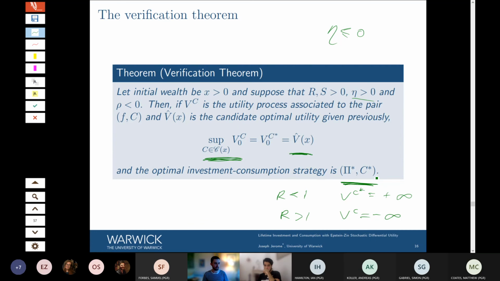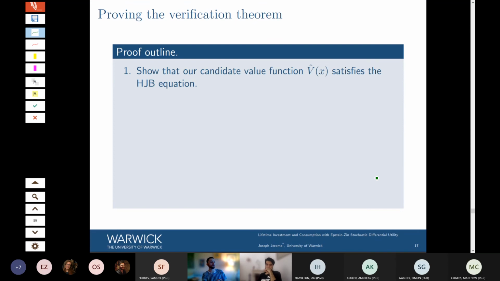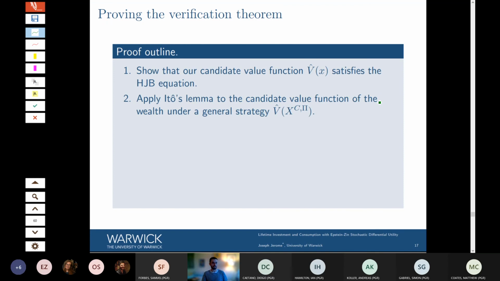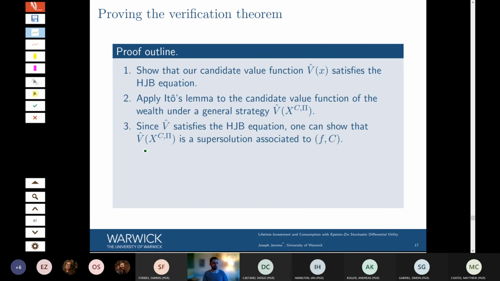So I'll just quickly breeze through a sketch of that proof. The first thing to do is show that the candidate value function satisfies the HJB equation. Obviously, if we derived it from the HJB equation, we can skip that step. Then we're going to apply Ito's lemma to the candidate value function of wealth, and we find that the candidate value of wealth is a supersolution associated to the pair F, C. So that means by the comparison theorem, we have V hat of X is greater than or equal to V naught of C. So this is the comparison theorem applied at time 0.